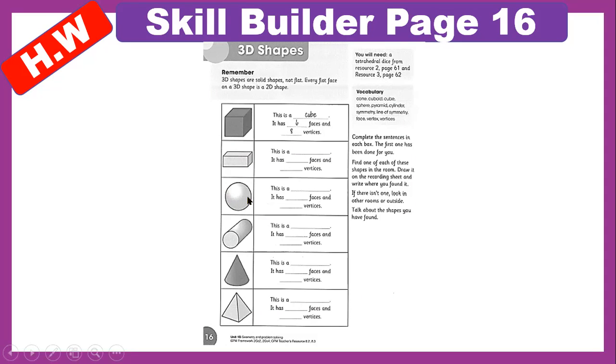One face, no vertex. This is the cylinder, three faces, no vertex. Cone, two faces, one corner or one vertex. Pyramid, which you also call square based because the base is made from a square. So this is the square based pyramid. You can write pyramid. So five faces and five vertices.